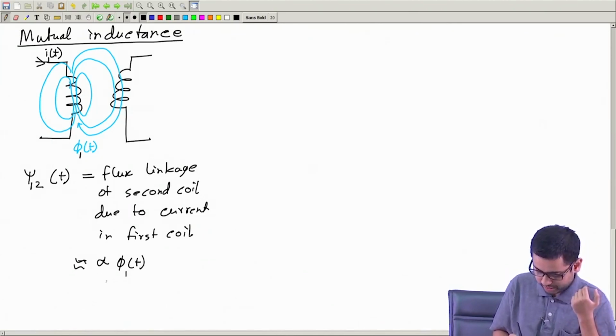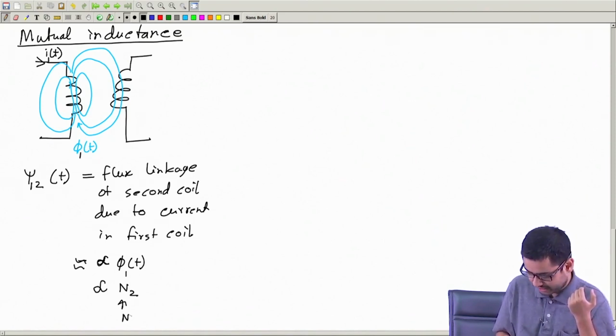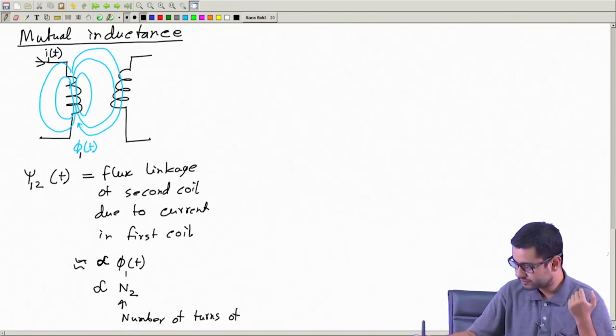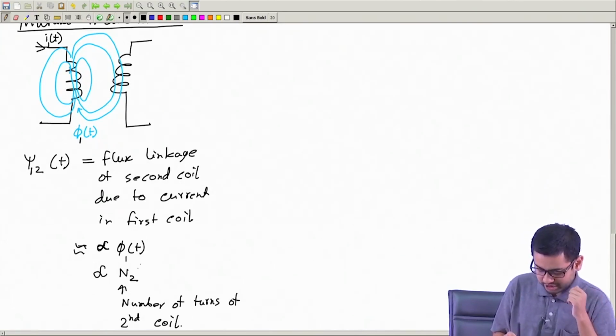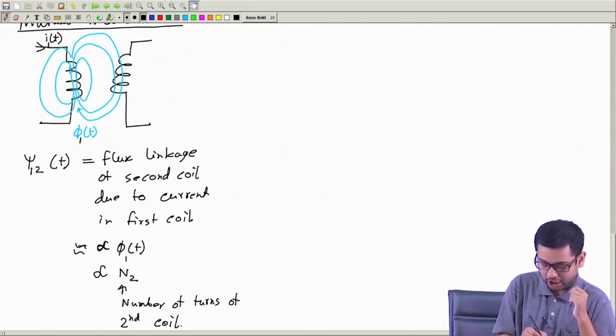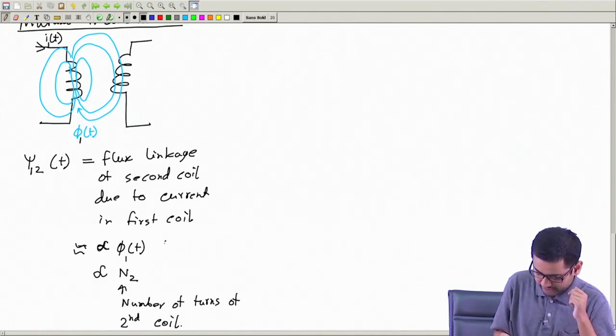It will also be proportional to N2. This is the number of turns of the second coil. Okay, so on this two thing, this psi 1 2 will depend. Now phi 1 is of course again proportional to I1t.